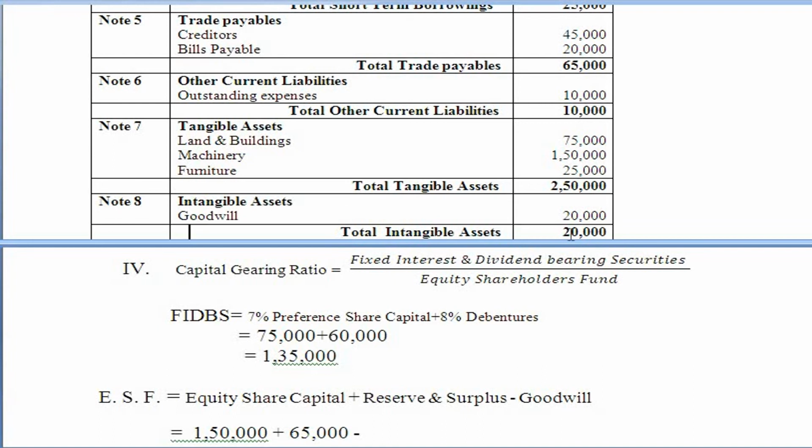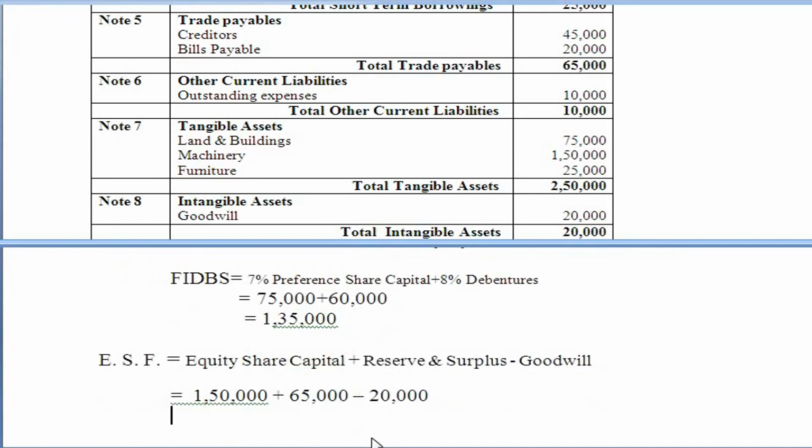Note number 8. Goodwill is 20,000. So write here 20,000. So the amount of equity shareholders funds is how much? 1,50,000 plus reserves and surplus, that is 65,000 minus goodwill 20,000.